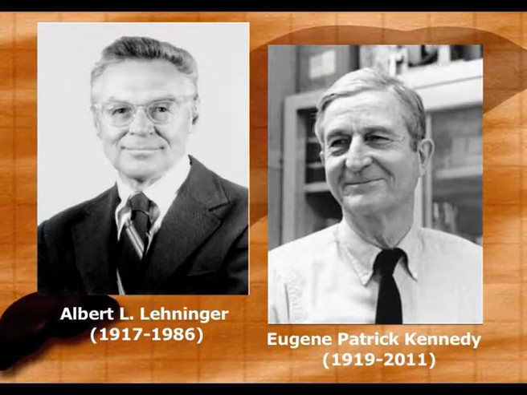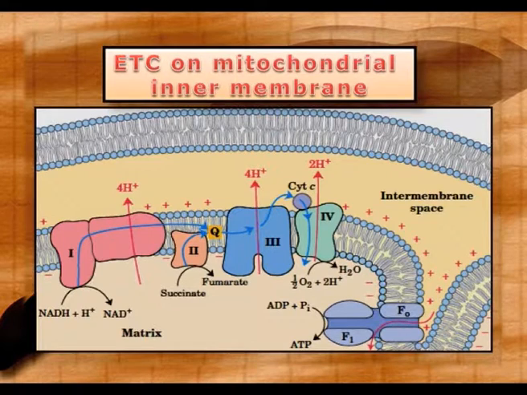Eugene Kennedy and Albert Lehninger in 1948 discovered that mitochondria in eukaryotes is the site for the electron transport chain and oxidative phosphorylation. Mitochondrion, like gram-negative organisms, has two membranes. The outer membrane is permeable to almost all small molecules having molecular weight less than 5000 Dalton, but the inner mitochondrial membrane is impermeable to most small molecules.